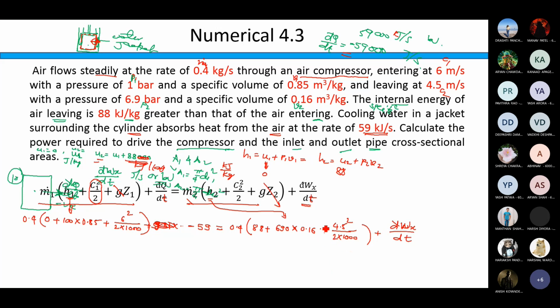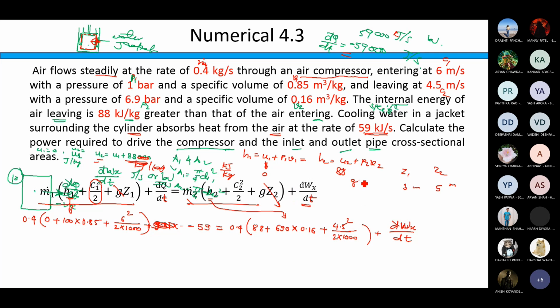Now by chance if they give you values of, let us say, z1 and z2, this is only for the sake of explanation, it is not included in this numerical. So let us say they say z1 is 3 meter and z2 is 5 meter. In that case, how will you write the terms z1 and z2?